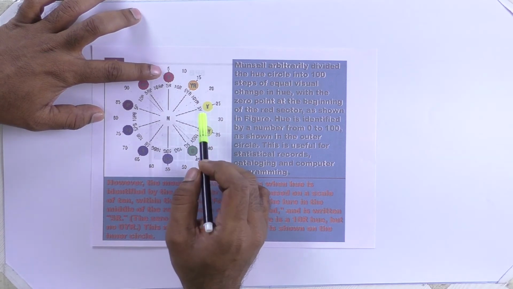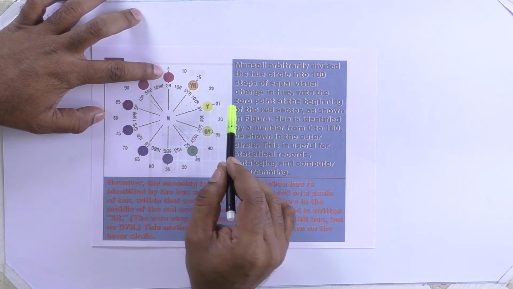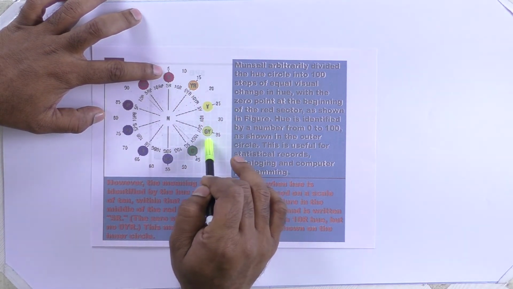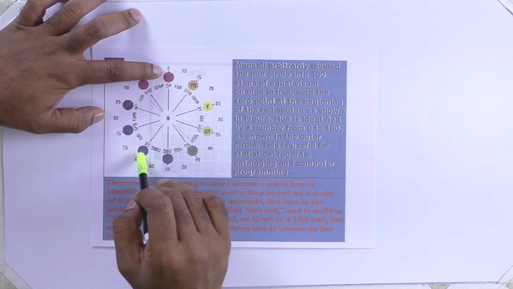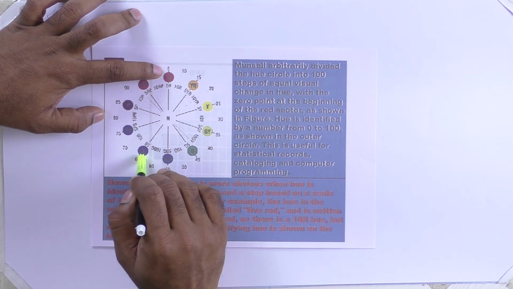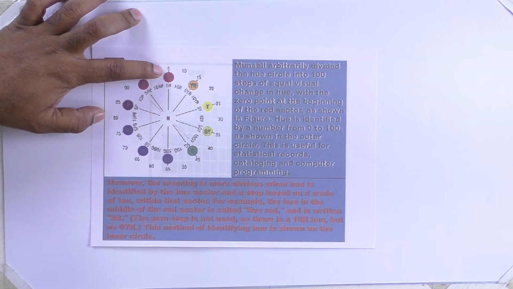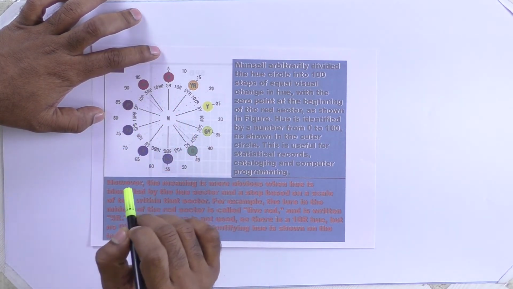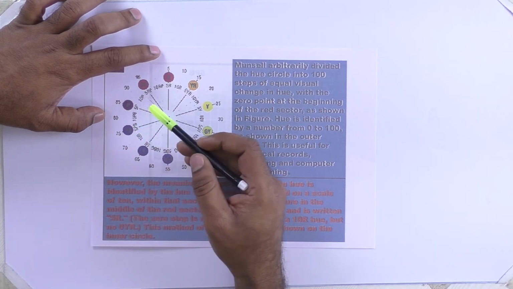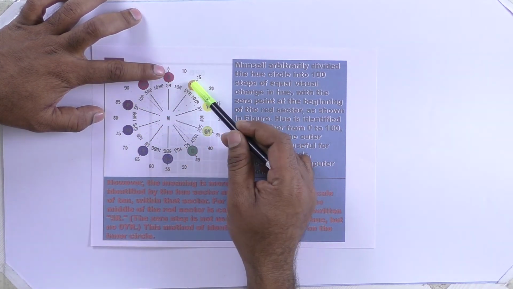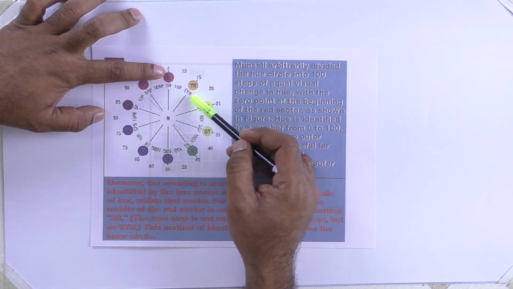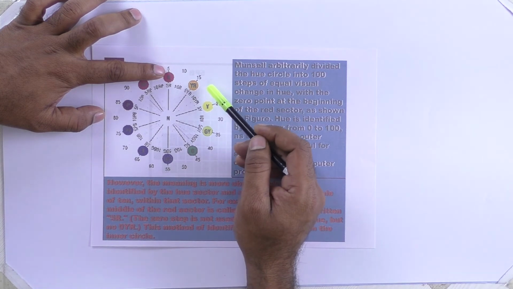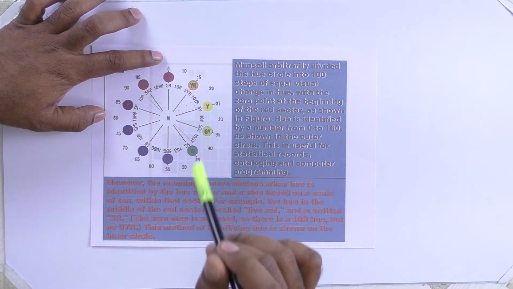For example, red and yellow, yellow-green, blue-green, blue, red-blue, and red. These are the possible colors, and in between, the ranges are there. For example, if you mix yellow and red in the same proportion, you will get some other colors in between. So this is the Munsell color order system.